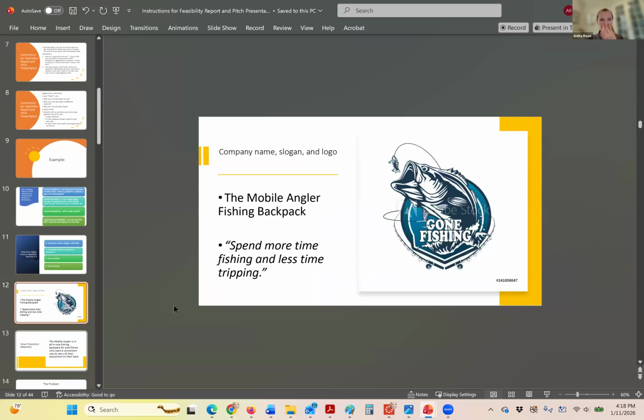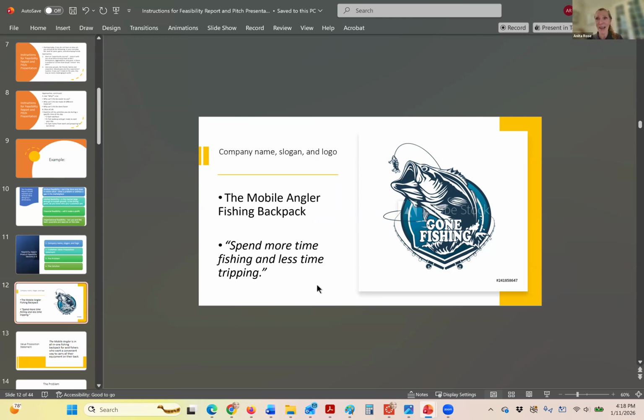So here is an example. We have a company name, and we come up with a slogan for this. The name of the company is the Mobile Angler Fishing Backpack. And what is the slogan? The slogan is: save more time, spend more time fishing and less time tripping.